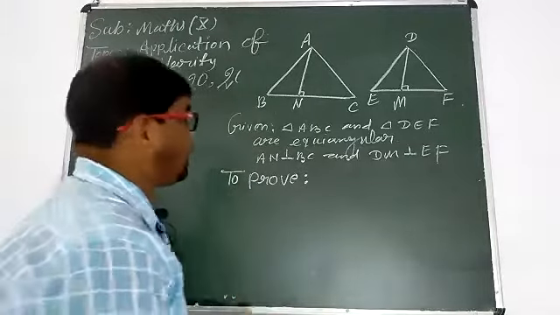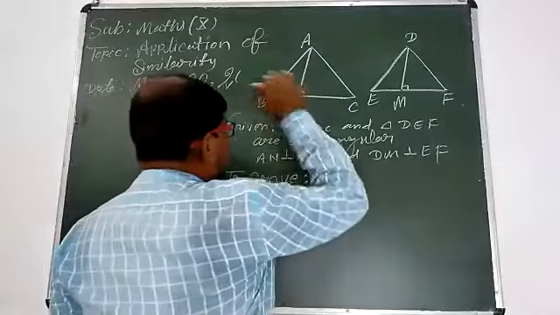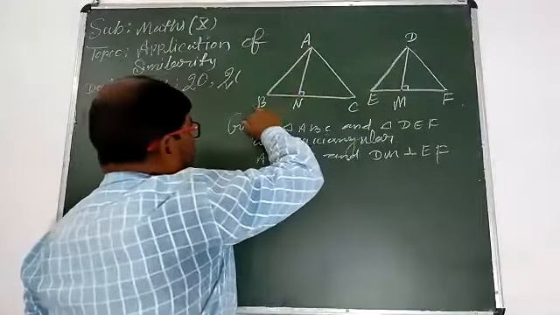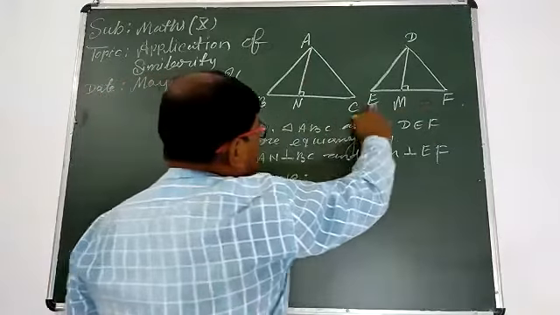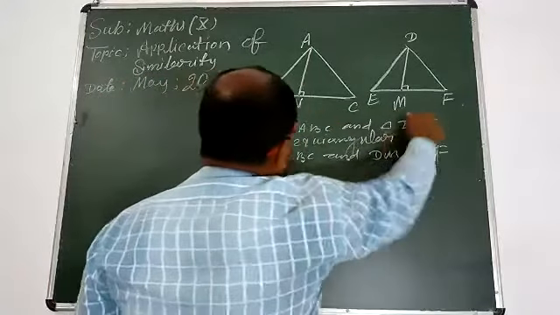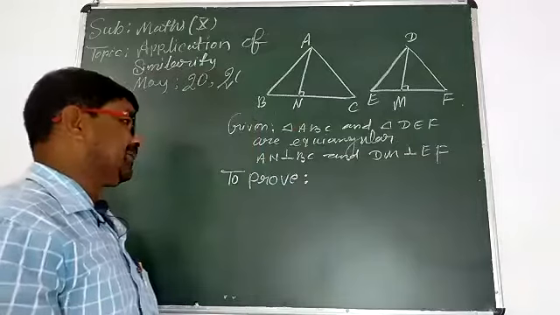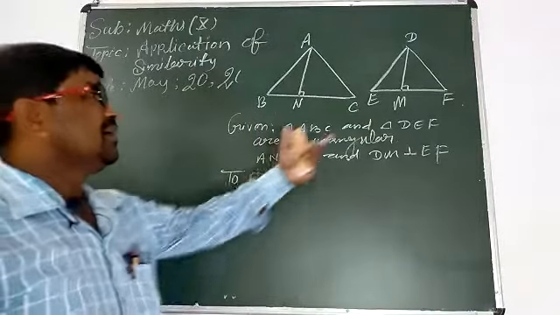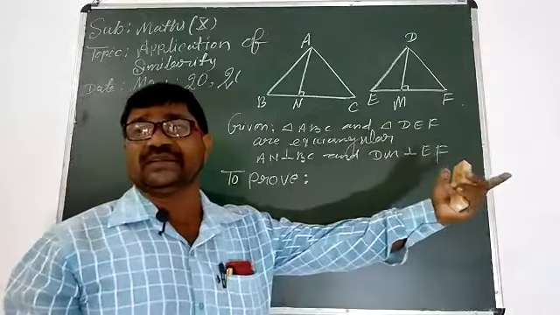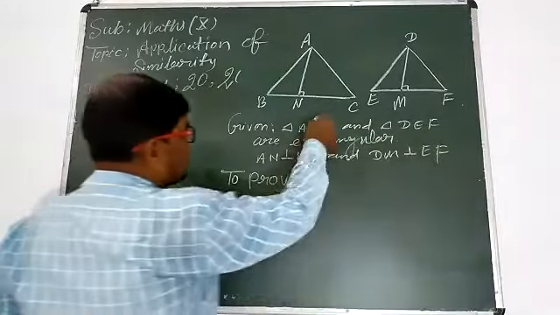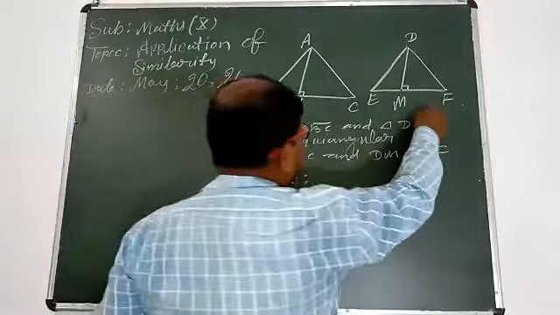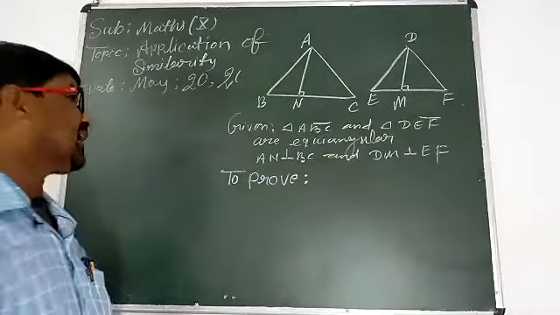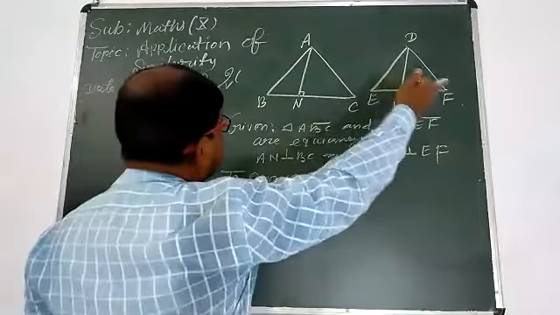But in these two diagrams, we are drawing the perpendicular on sides BC and EF. BC and EF are corresponding sides here. This side is BC, this side is EF. They are corresponding sides.